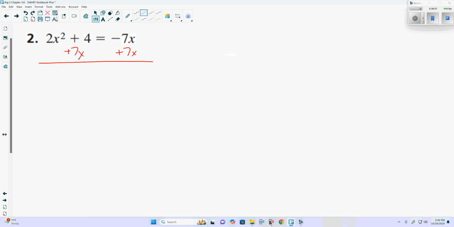So we're going to add 7x to both sides. Now, because 7x is not a common factor with 2x squared or 4, we just add it to the center.